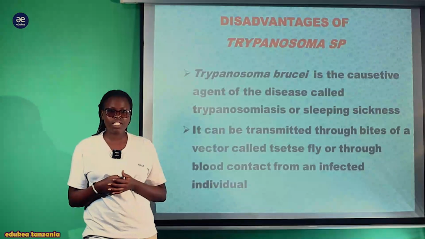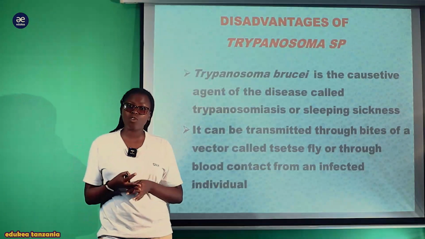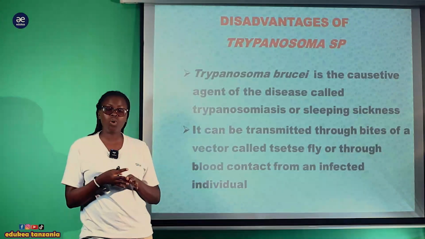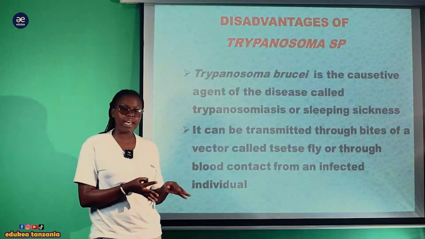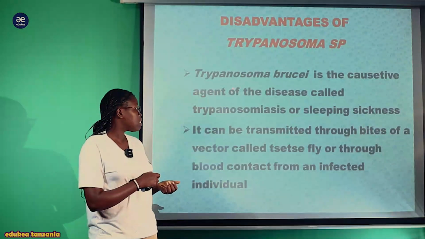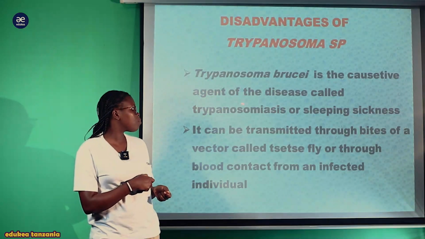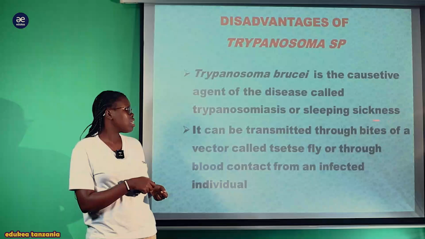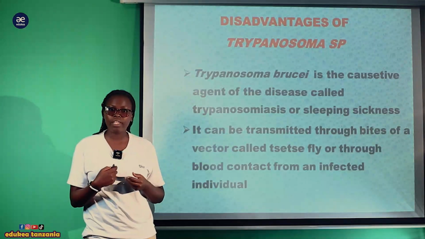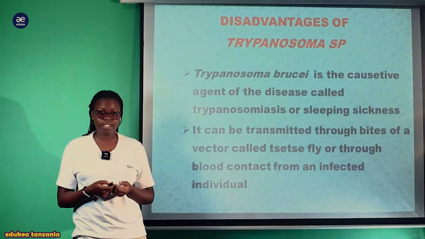Now, what are the disadvantages of the Trypanosoma species? My lovely former students, this kind of Zoomastigina or Trypanosoma species are very, very dangerous to wild animals, domesticated animals, as well as we human beings. Example, Trypanosoma brucei is the causative agent of the disease called trypanosomiasis or sleeping sickness.